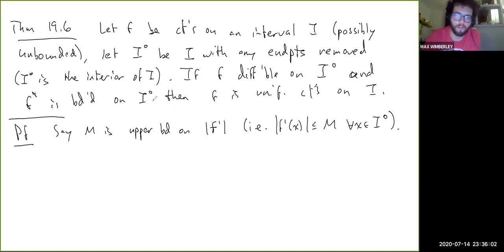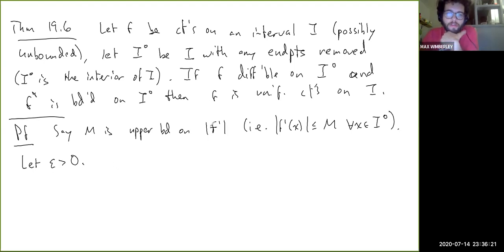Let's just use the definition. Let epsilon be greater than 0. Now we want to pick delta so that the absolute value of f of x minus f of y is less than epsilon whenever x and y are within delta of each other.